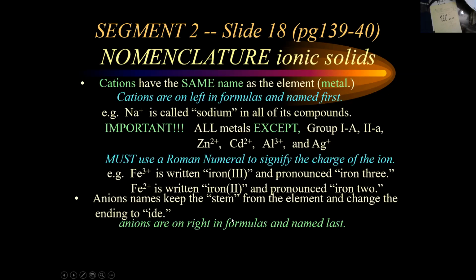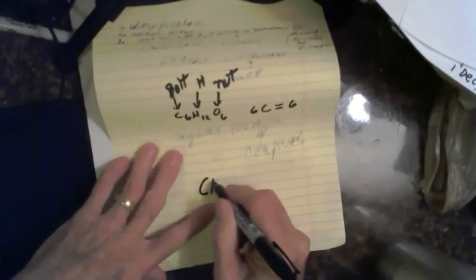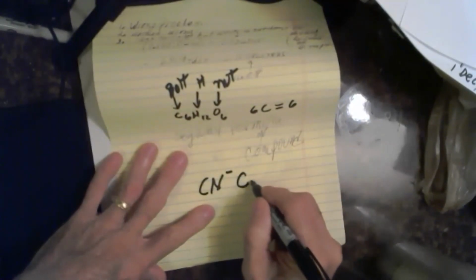Let me get back and show you. Actually, there's 2 exceptions. They're all on your polyatomic ion sheet, so it doesn't matter. But CN minus is called cyanide.